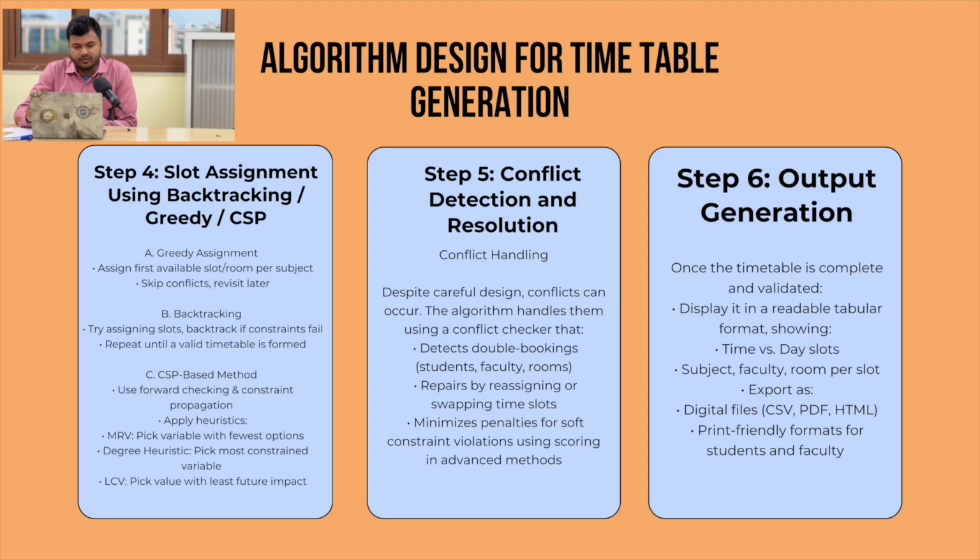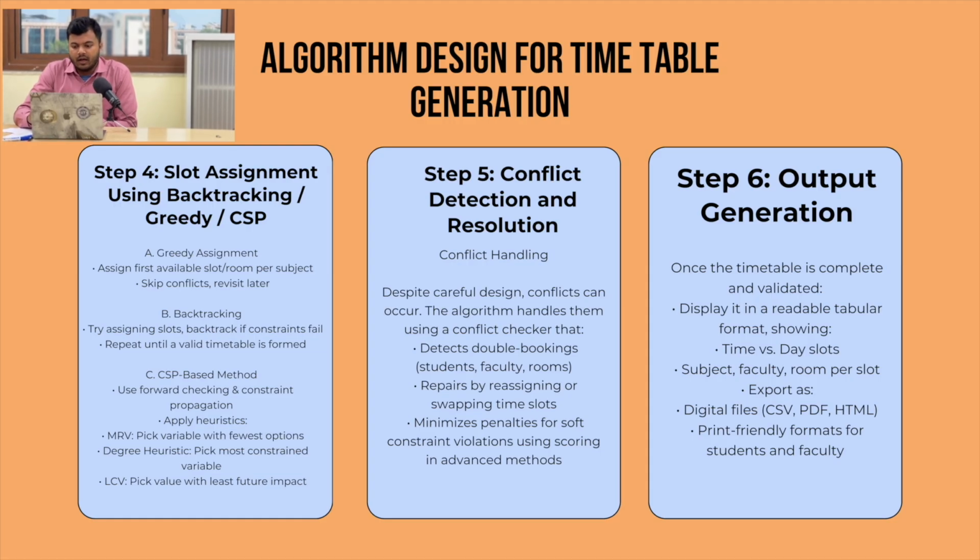Same as faculty, not assigned to two courses at the same time. That is the conflict. And also a particular room can't be assigned to two or more courses at the same time. We have to remove this type of conflict and minimize penalties for soft constraint violations using a scoring method in advance.